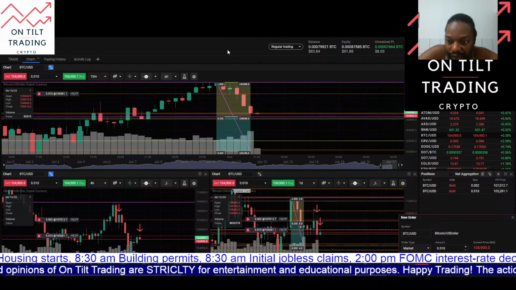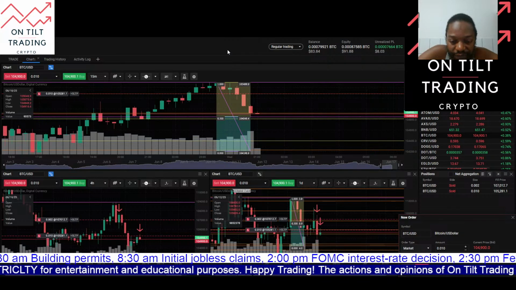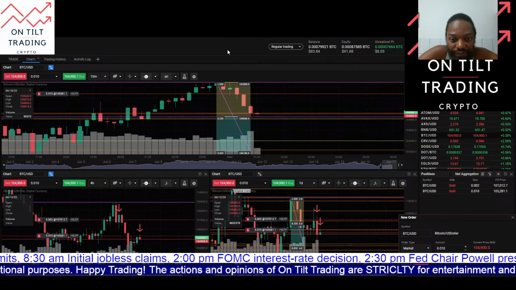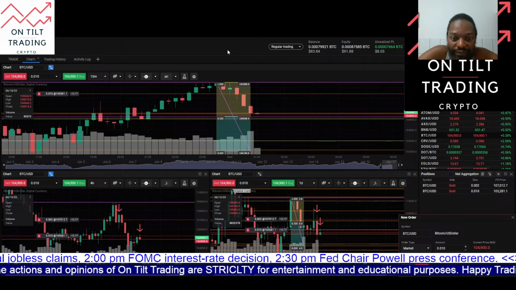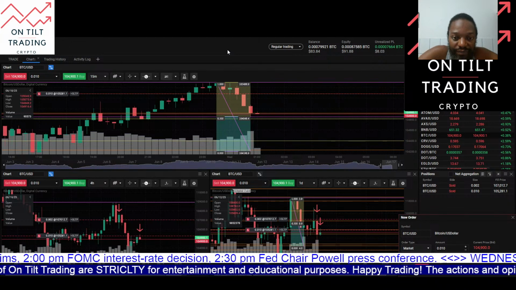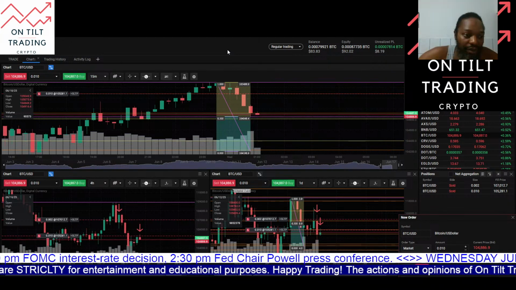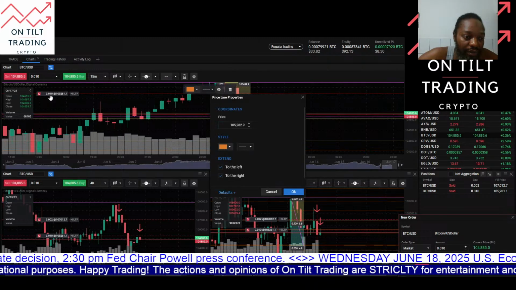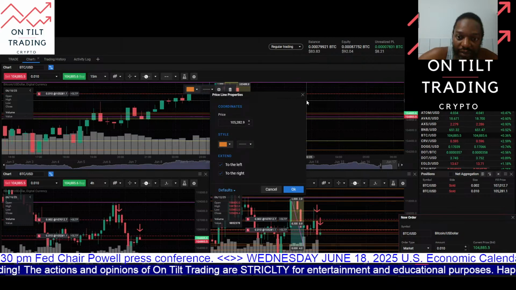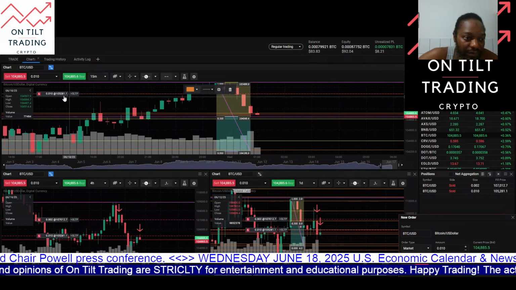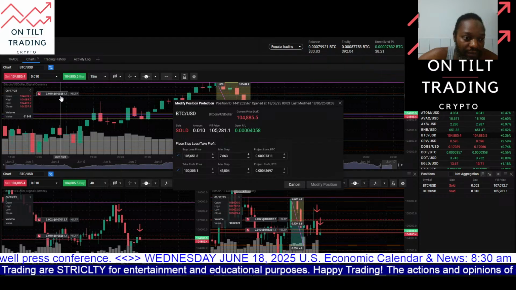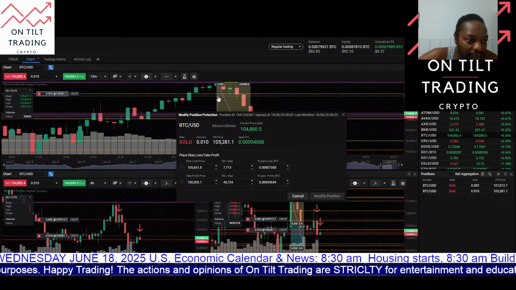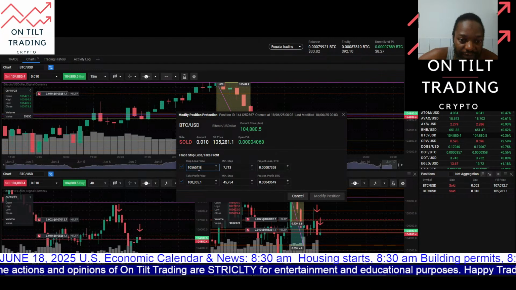Now price testing the 104,900 level again. I'm actually going to move this stop down, so I will reduce my risk, so I'll protect myself at 105,501.